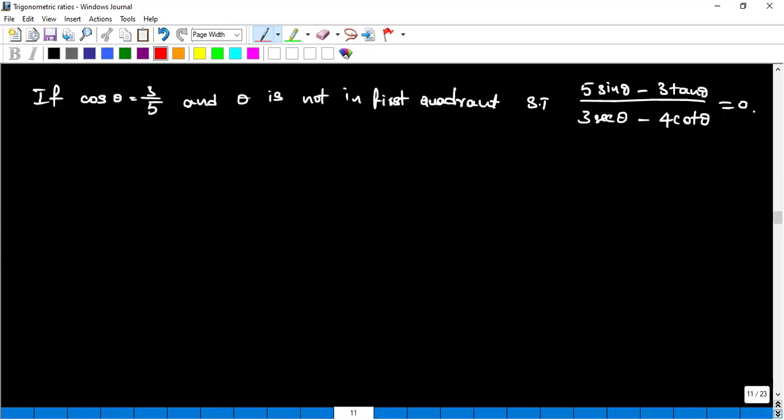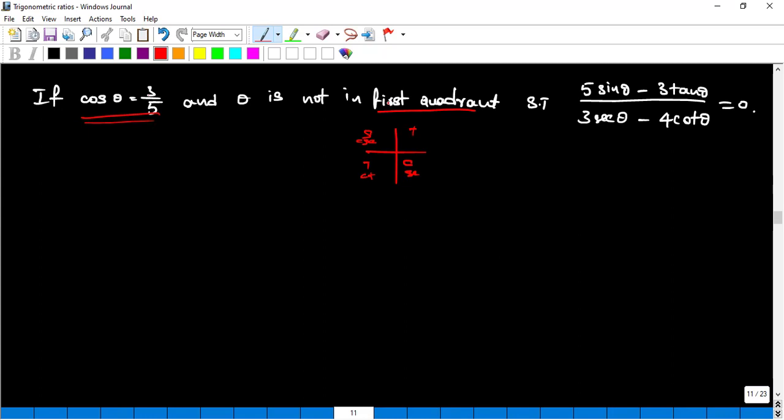Let us see one example here. If cos theta is 3 by 5 and theta is not in the first quadrant, we know if you take an xy plane, here all trigonometric ratios are positive. Here only sine and cosecant are positive. Here tan and its inverse cot are positive. Here cos and secant are positive. So they are telling cos is 3 by 5.